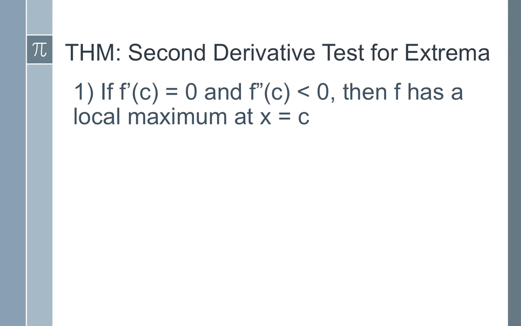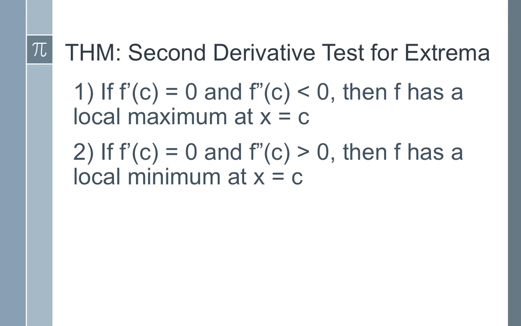If you have a derivative at some point that makes it 0, and f double prime at that same point is less than 0, then that point is your local maximum. Likewise, if you have a point that makes the derivative 0, and at that point the second derivative is greater than 0, then f has a local minimum at x equals c.